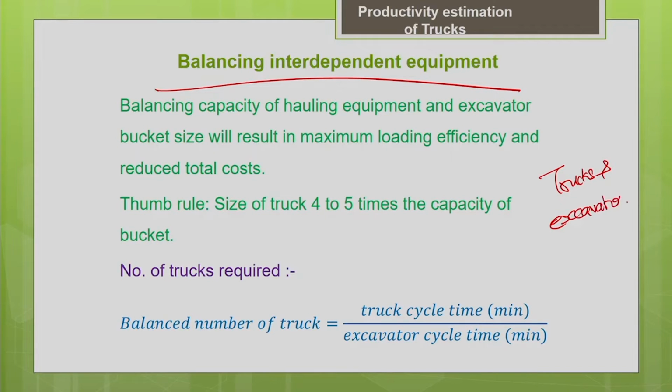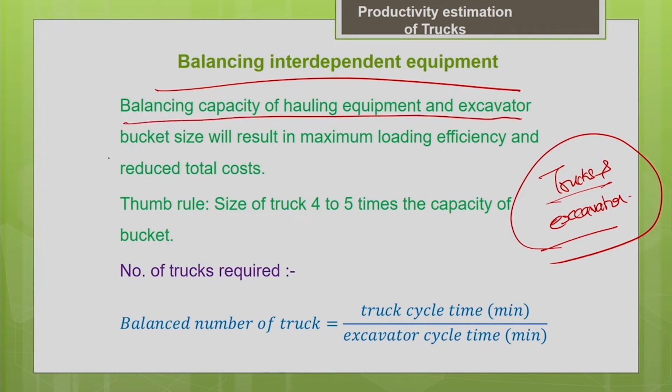Now, let us see how to balance the interdependent machines, trucks and the excavators. I hope you remember earlier we discussed how to balance the interdependent machines, your scraper and the pusher. In a similar manner, we are going to discuss how to balance the number of trucks and the excavator. Balancing is very important. Balancing the capacity of the hauling equipment and the excavator bucket size will result in maximum loading efficiency and reduced total cost.